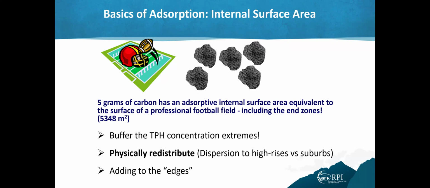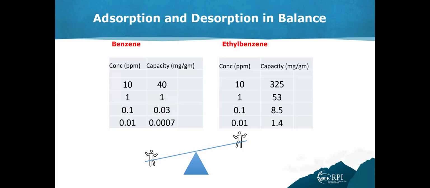So we're not just absorbing it though. Activated carbon also desorbs. And this is an important aspect to consider. So when you put activated carbon in the ground, you're not just putting these sponges that suck up your petroleum hydrocarbon and never let it go.